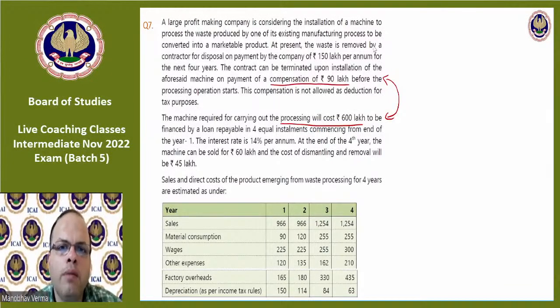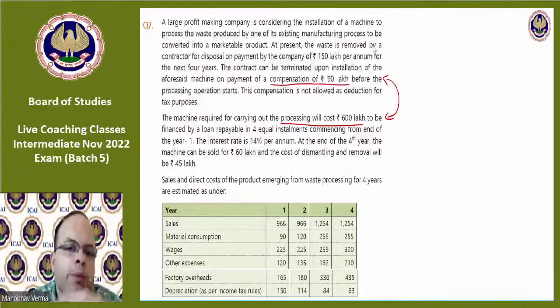Okay. So the interesting part is the 600 lakhs may not be required to be paid immediately. So it's not actually 690, but probably we're talking about 4 equal installments. So that's good for us.